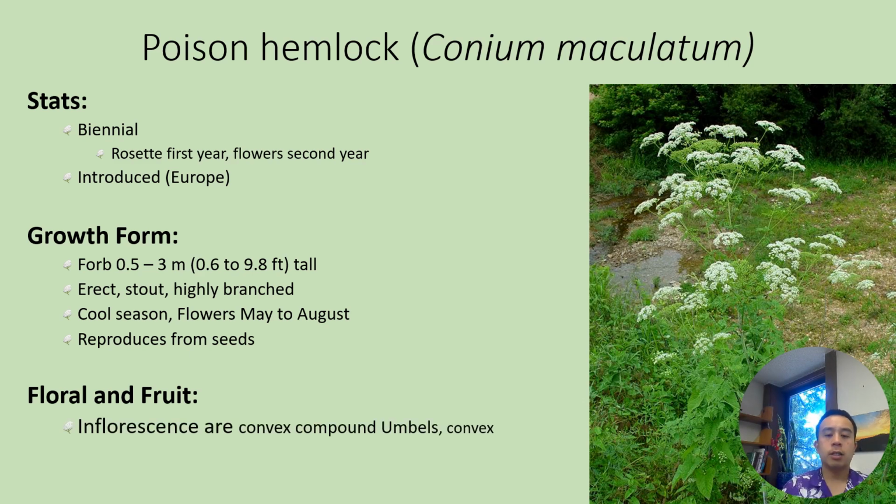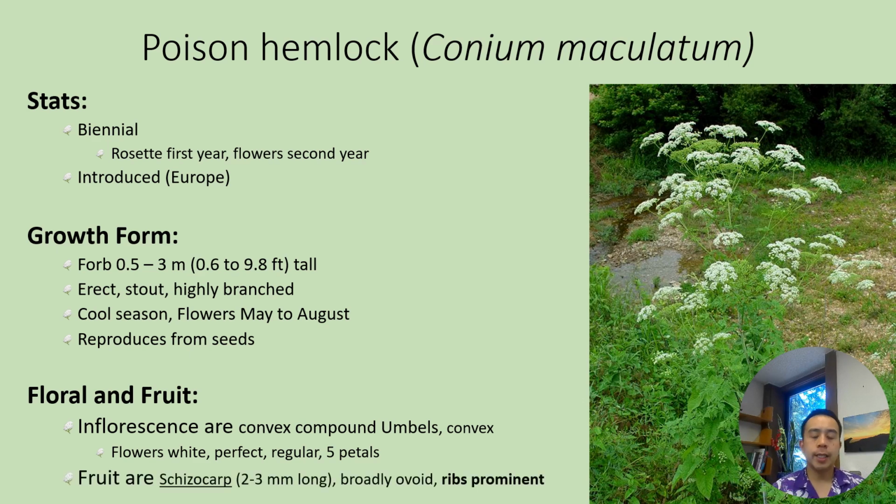The inflorescences are convex compound umbels, as again you can see in this photo here, and the convex refers to its convex outward curve. And flowers are typically white and perfect, which means again it has the male and female portions in that one flower, and they're regular, which means they are radially symmetrical.